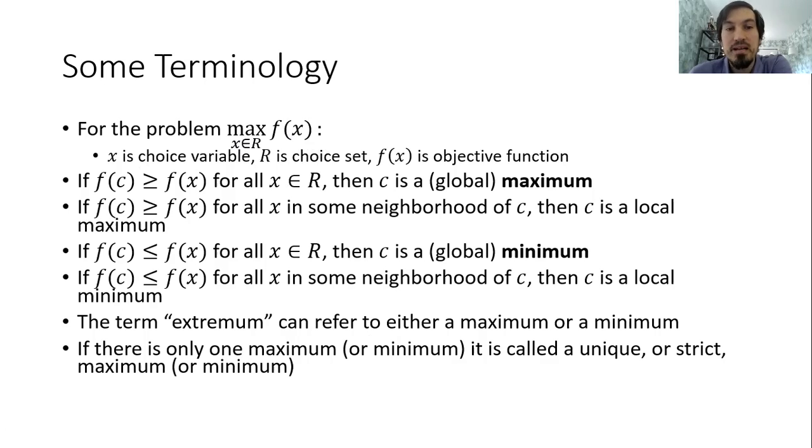Okay, now let's talk about terms that might come up. If there is some value, let's call it C, such that the objective function f evaluated at C, that's f of C, is greater than or equal to f of x for all x in the choice set R, then we call C a global maximum.